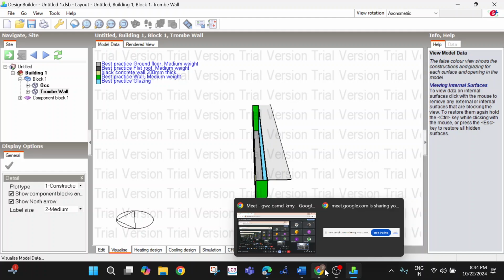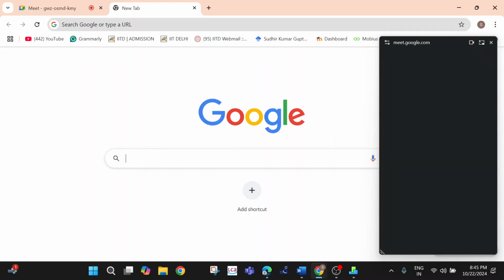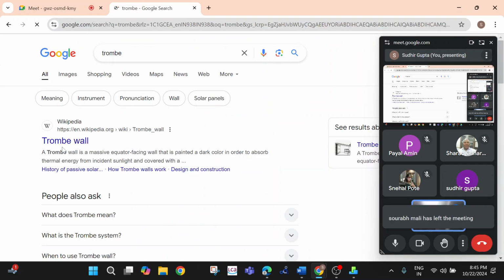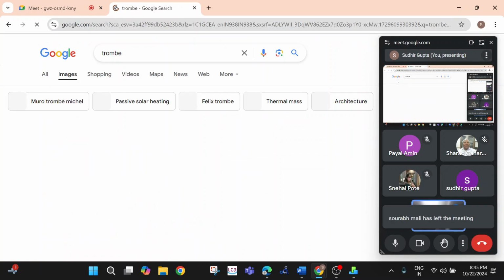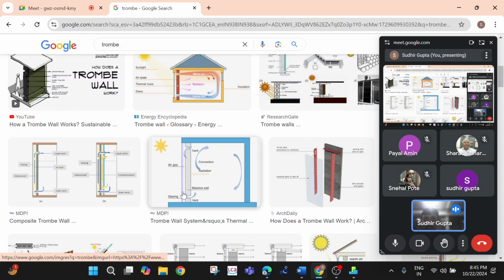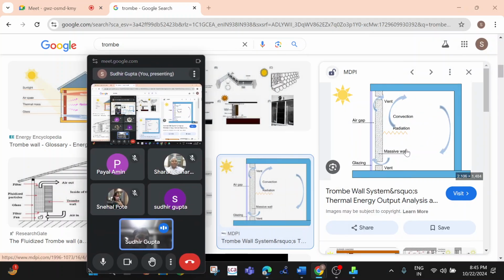If some of you are facing issues with the diagram, then you can see the Trombe wall diagram, how it looks, and how we have constructed it for our buildings. I have discussed the brief principle earlier also. It is like this. This will be our main area where we want the particular temperature or heating, and this will have glass where the sun rays get trapped.